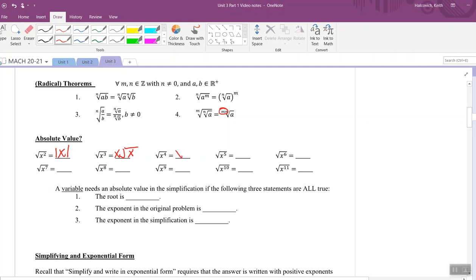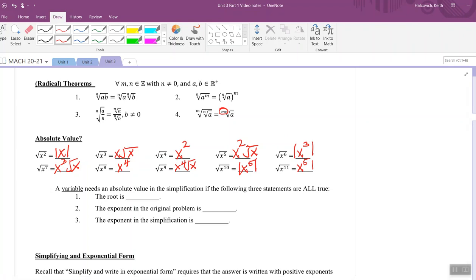So 2 goes into 4 twice, so it's x squared. 2 goes into 5 twice, and you have 1 left over. 2 goes into 6 3 times, and it's going to be absolute value. 2 goes into 7 3 times. 2 goes into 8 4 times. 2 goes into 9 4 times with 1 left over. 2 goes into 10 5 times. Take the absolute value. And 2 goes into 11 5 times, square root x.